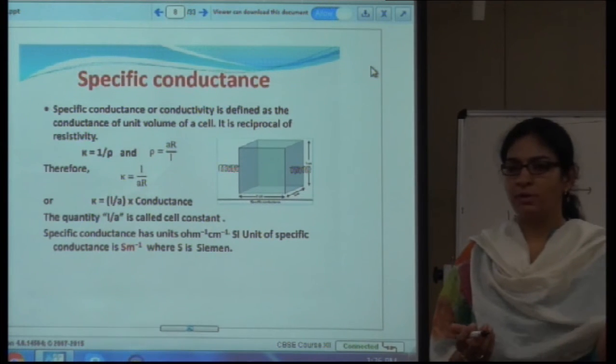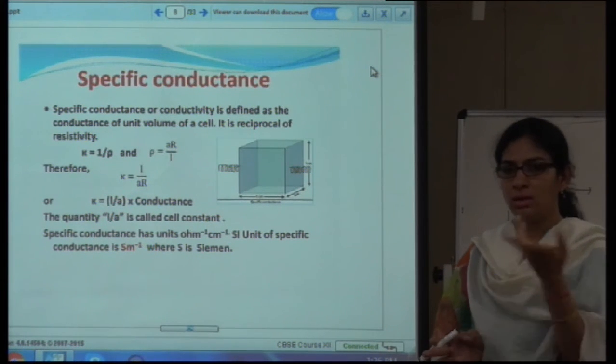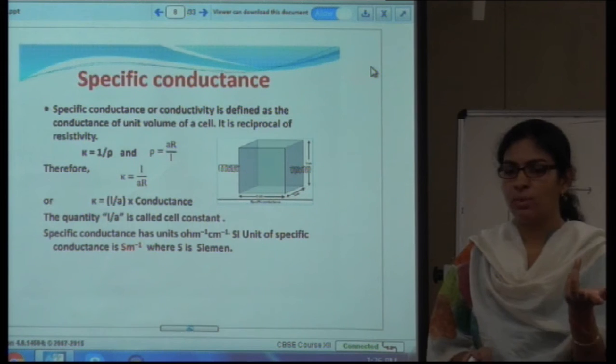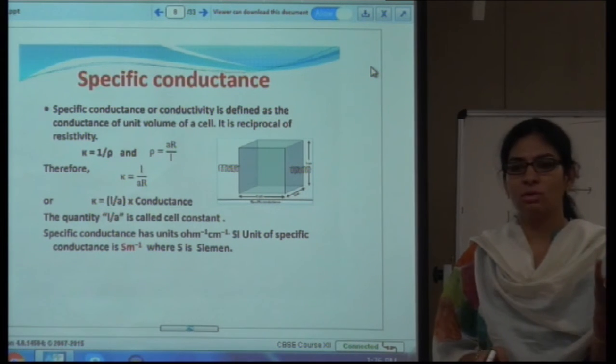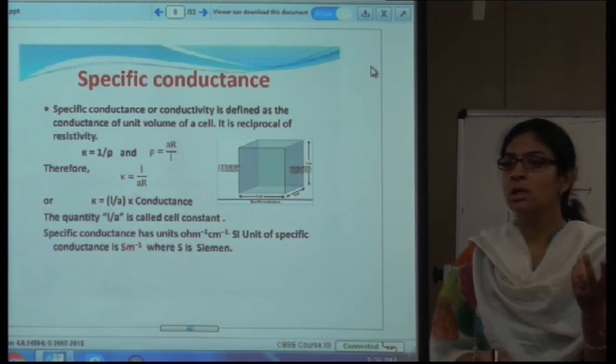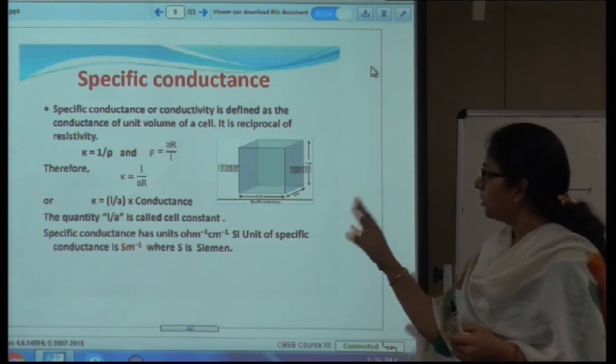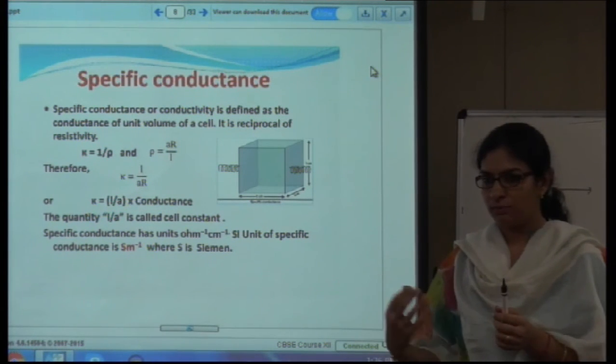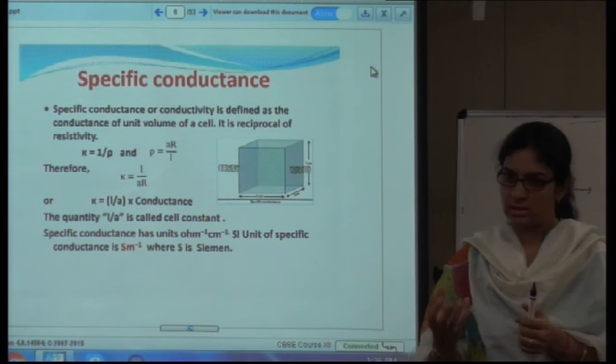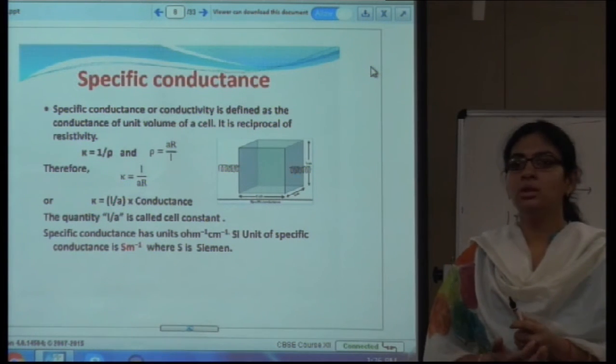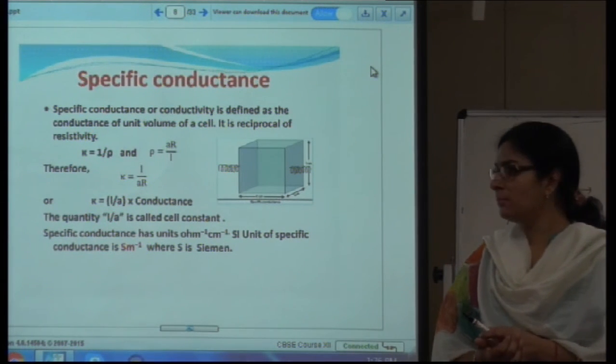If instead of KCl you take NaCl, HCl, H2SO4, any electrolyte, you measure the conductance from the solution. Multiplying it with the cell constant, you get the specific conductance.